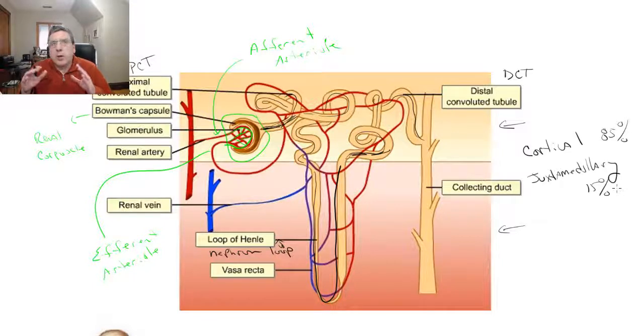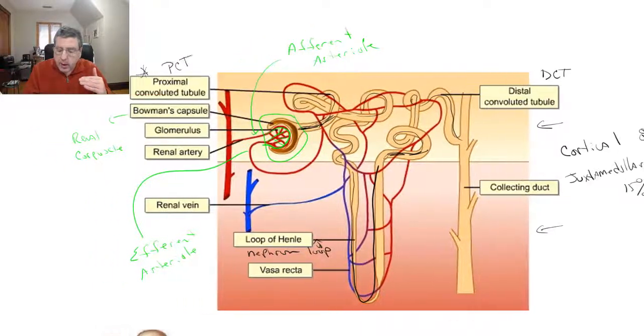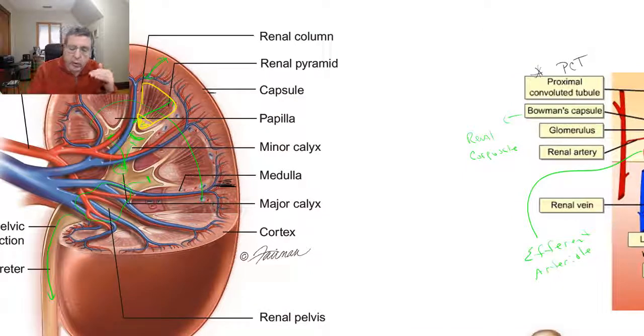And if you were to go back and look at this area, so the cortical nephrons are going to reside in the cortex, juxtamedullary are going to reside kind of in this area, and they dip down in here. So the nephron loop dips down in here, and your proximal and distal tubes are in the cortex.